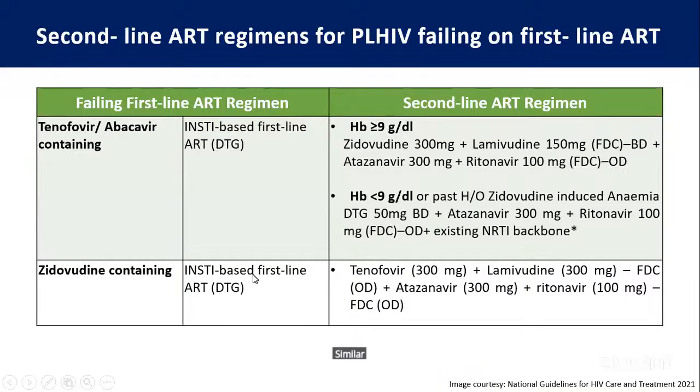Similarly, if the patient fails with a DTG-based regimen like ZLD, what happens? We move on to tenofovir lamivudine. If someone fails on zidovudine, which is a thymidine analog, then we need to go for a non-thymidine analog, tenofovir-based regimen, and a new class, that is boosted PI, atazanavir ritonavir.